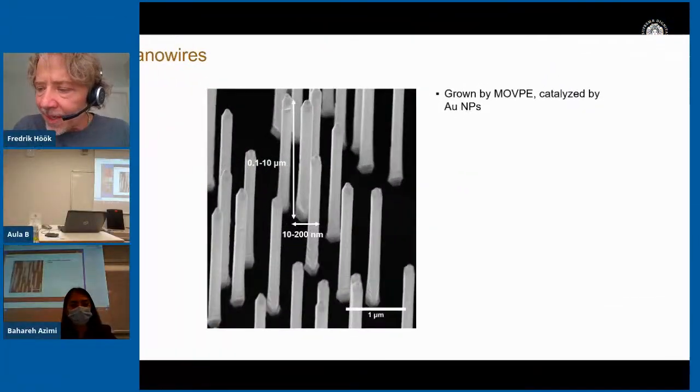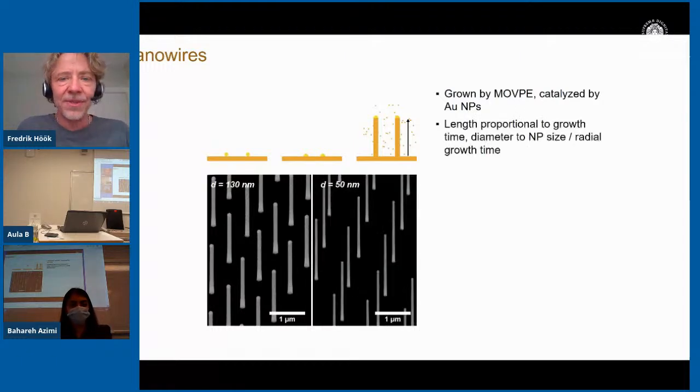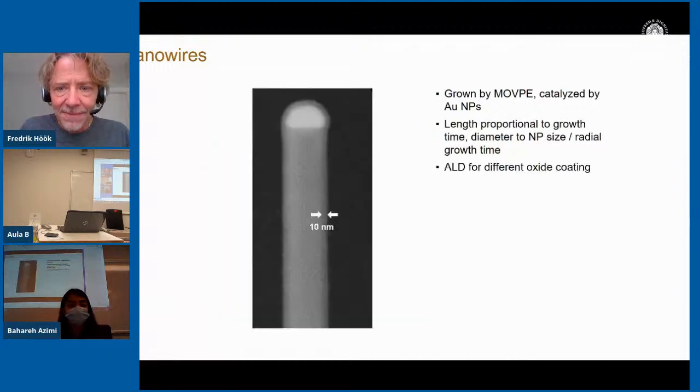So these nanowires are grown by vapor phase epitaxy using gold particles as a seed, and it is the size of the gold particles and the duration of the growth that can be used to control both the length and the diameter of the nanowires. And these properties are crucial for the light guiding properties of the nanowires.